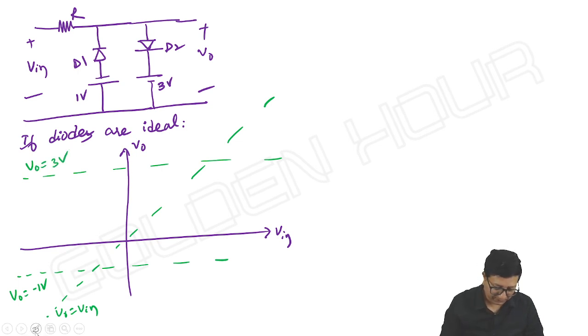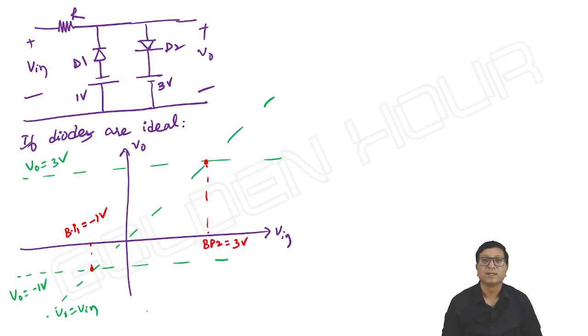Then what about our breakpoints? This is breakpoint 1, minus 1 volt, breakpoint 2, 3 volts. So input is less than minus 1, output is equal to minus 1.